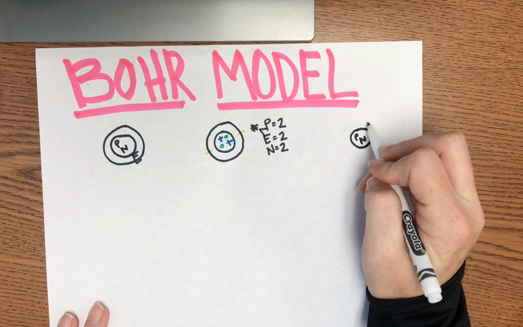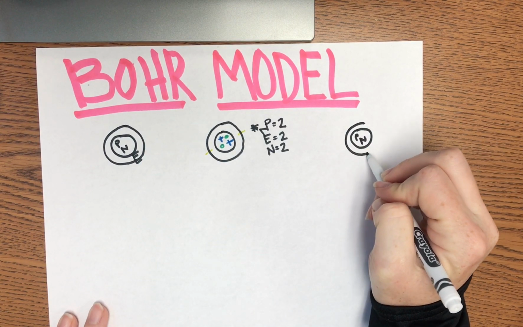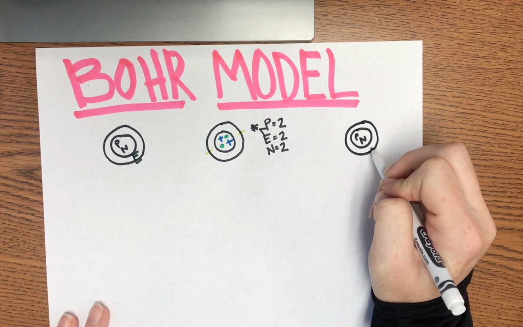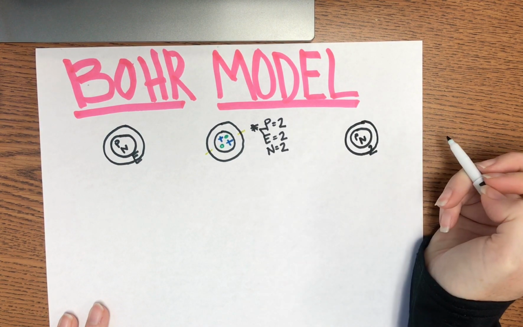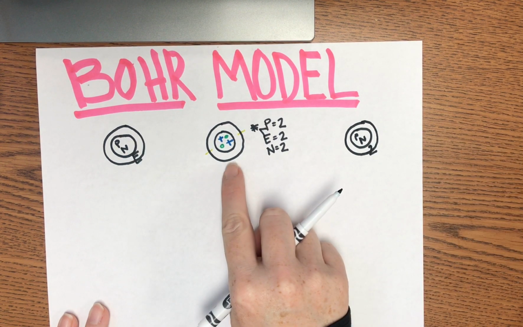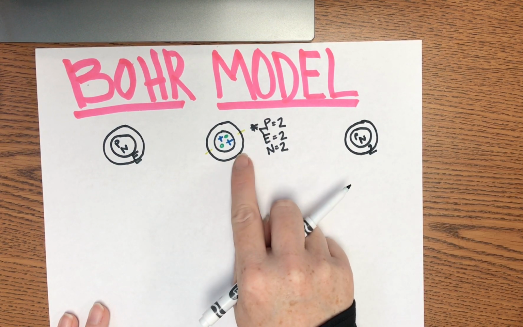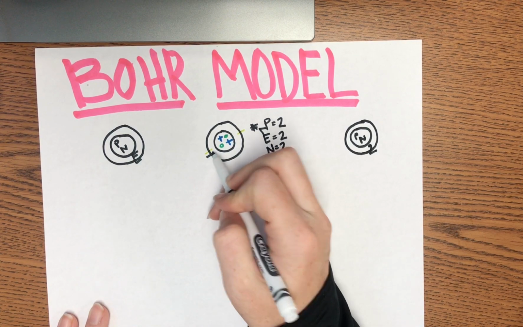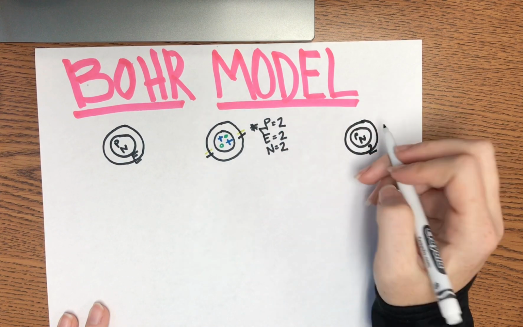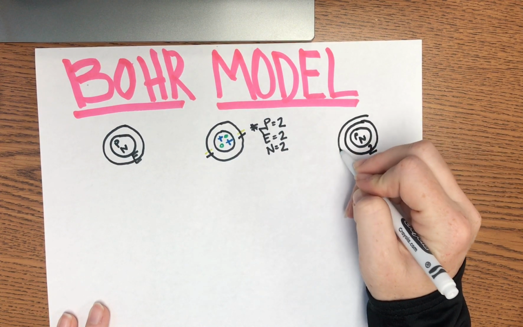Now, this is where it gets a little bit tricky. Our first electron ring can only hold a maximum of 2 electrons. That means the model we just drew has its first electron shell full because we have 2 electrons. If you have more than 2 electrons, you're going to have to draw another ring.